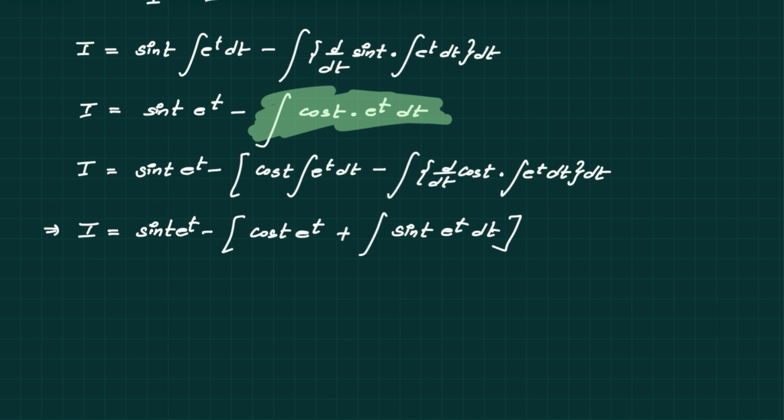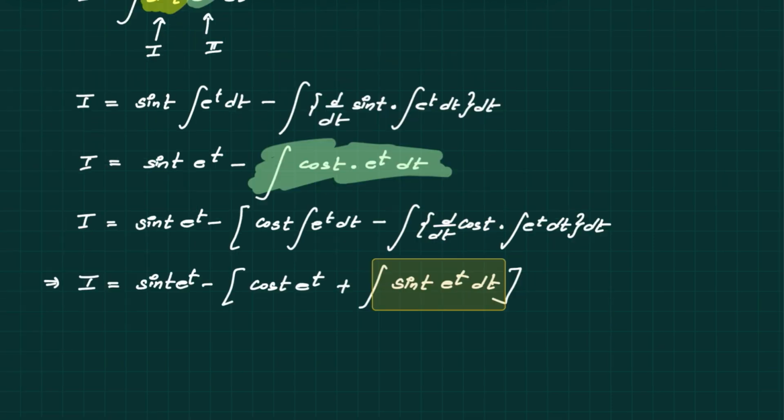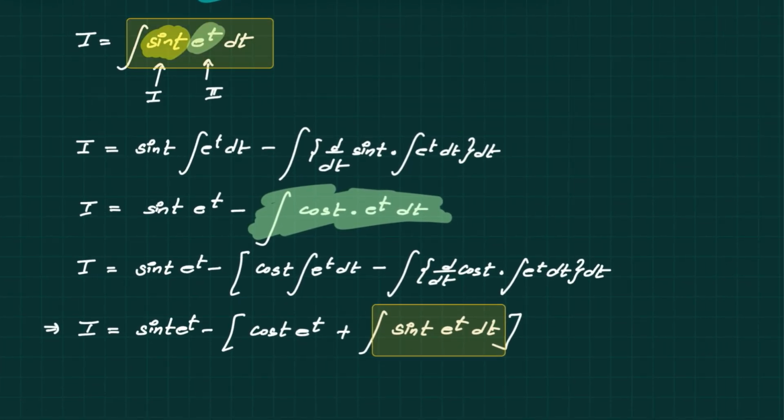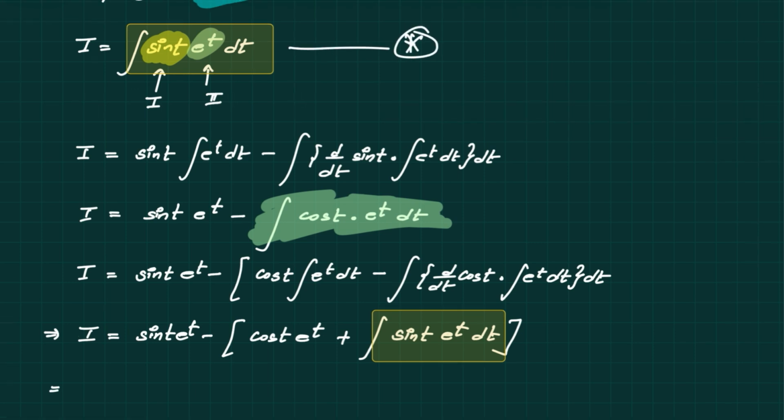Now here we have to notice that this portion is the same as I. So instead of that, I can write I in this particular equation. So this implies I equals sine t e to the power t, opening the bracket, minus cos t e to the power t, minus, now this integral of sine t e to the power t dt is my I only.